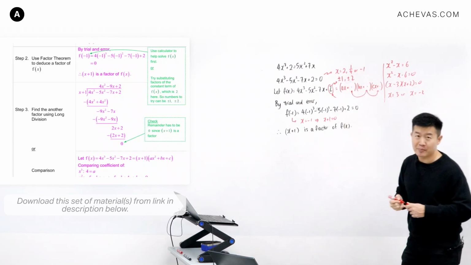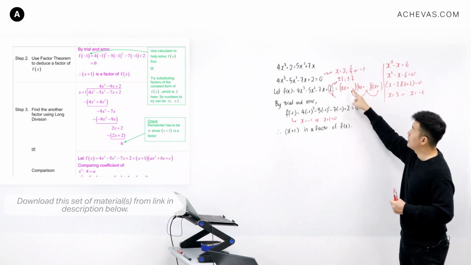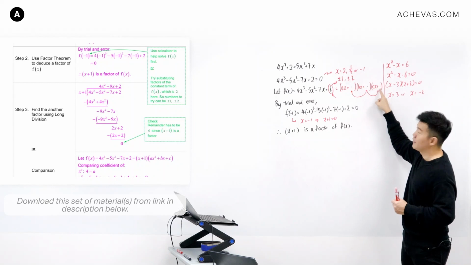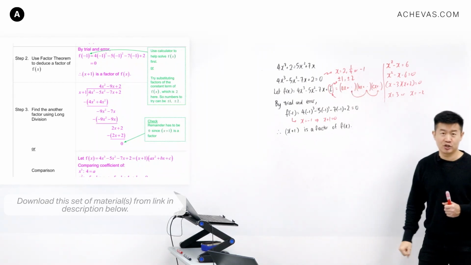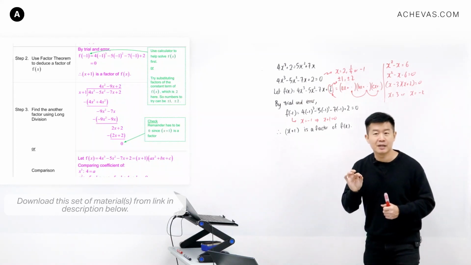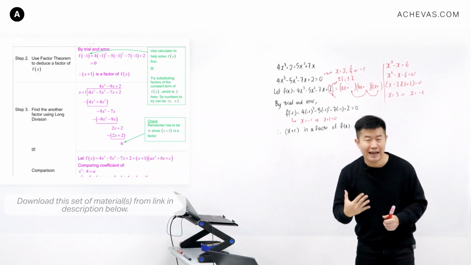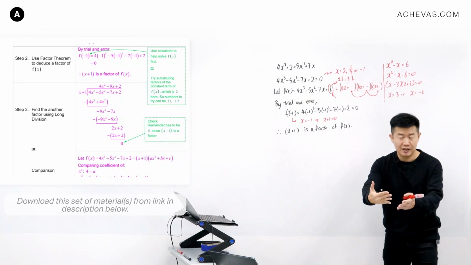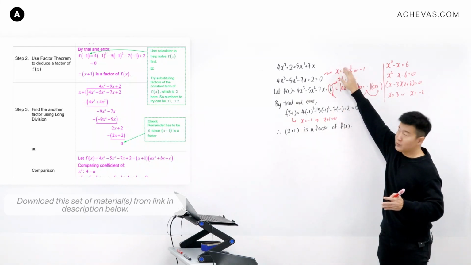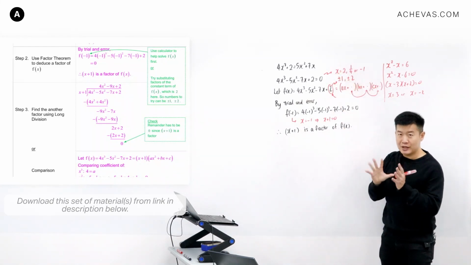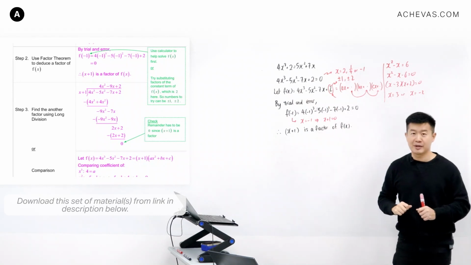And these are the few numbers that may be occupying this position, or this position. Plus or minus 1, plus or minus 2. These are the numbers that I would make use of to guess if I really have to, without my calculator with me. This is where I'm going to get my inspiration.